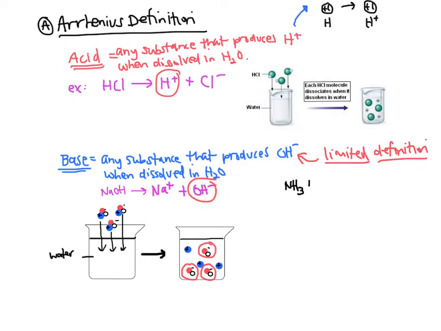It does, however, react with water to produce ammonium and a hydroxide ion. And how does it do that? That ammonia actually takes a hydrogen off of the water and leaves behind hydroxide. So it does actually produce hydroxide when you dissolve it in water, but the Arrhenius definition is a little bit confusing when you think about something like ammonia, which we know is for sure a base.